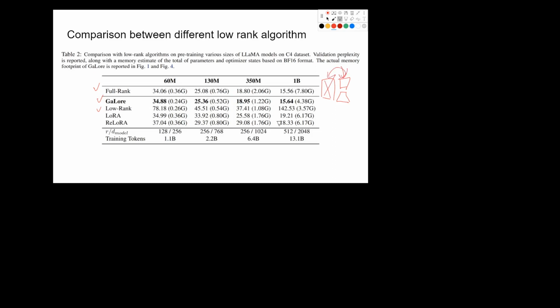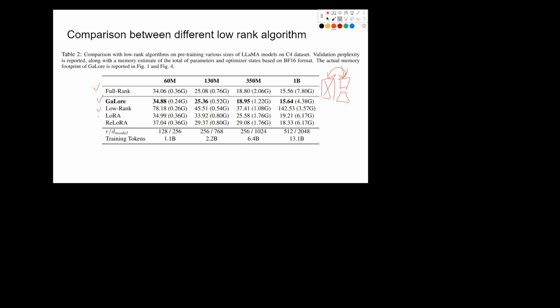Okay, so actually the low rank here is just for comparison. You can see that the performance is actually terrible. So it proves that the weight matrix is not a low-rank matrix, so if you're using a low-rank approximation, the performance is actually not acceptable.